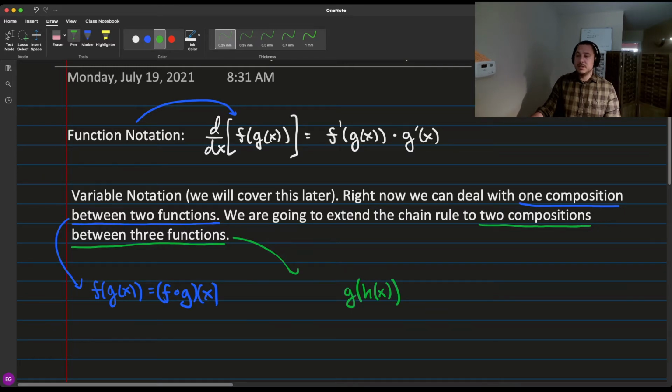That's a single composition. And then that gets fed into another function f of x. So you have f of g of h of x. There's two compositions there with three different functions. So we would say you're going to compose g with h, and then you're going to compose that with f.